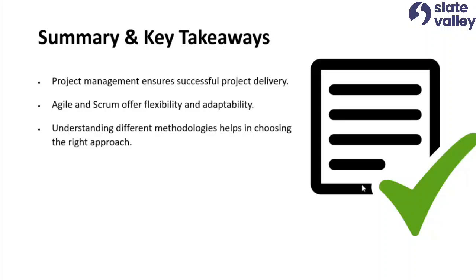Like in the case of WhatsApp or PhonePe, everything happened through Agile only. Blinkit, the classic example, Flipkart and everything, they work on Agile methodologies, because they have to change every day. Every day the price of the shoe changes.